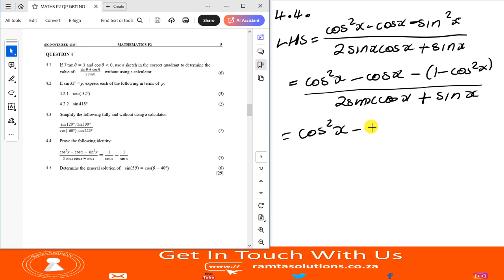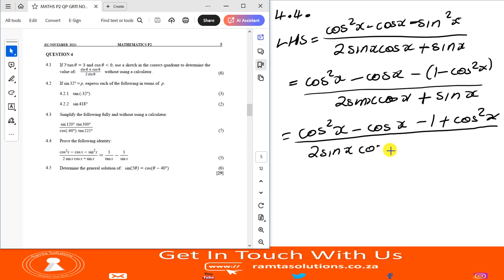Cos square x minus cos x minus 1 plus cos square x all over 2 sine x cos x plus sine x. All right. So now, as you can see, we now have 2 cos square x.